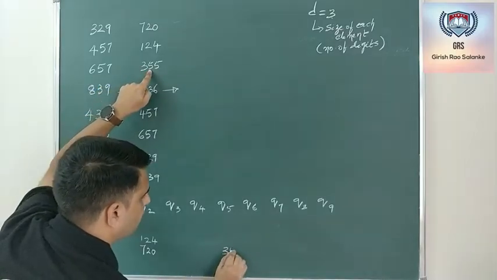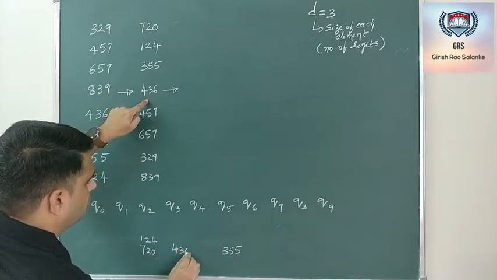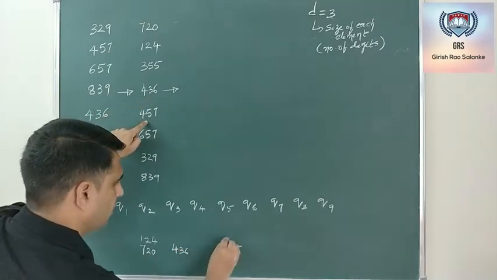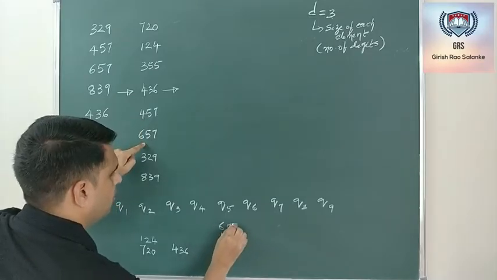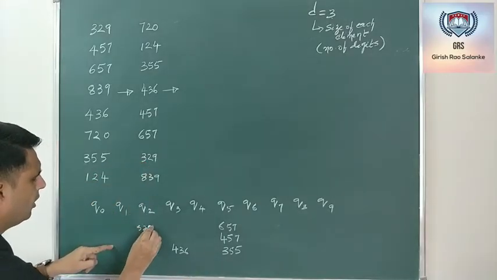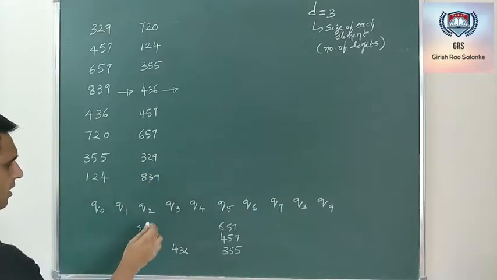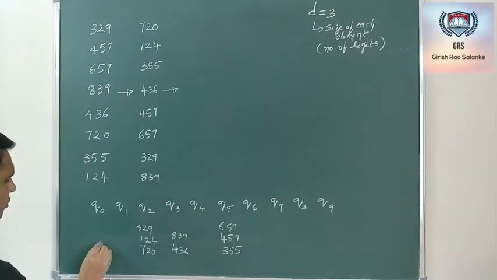So it's 355. Next is 436 here. Next is 457 here. Next is 657 here. Next 329, that is 2. 329. Next is 839, which is here. Apart from this, all other Q's were empty.